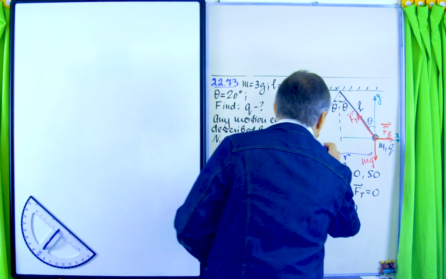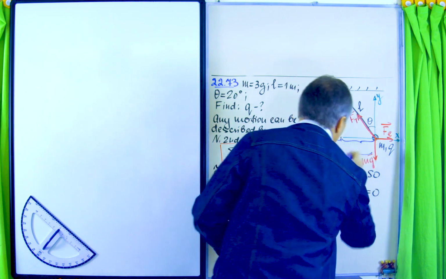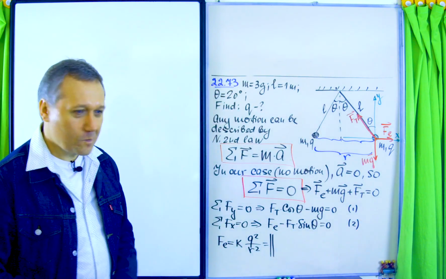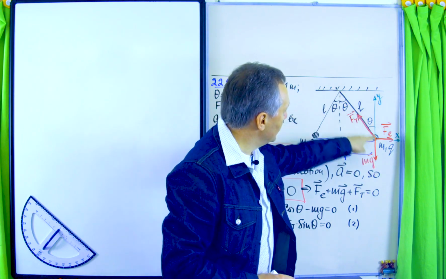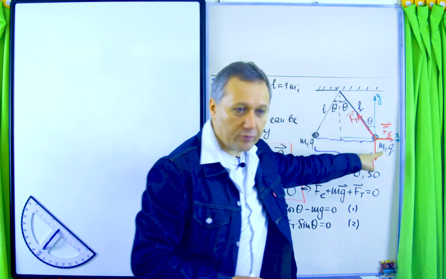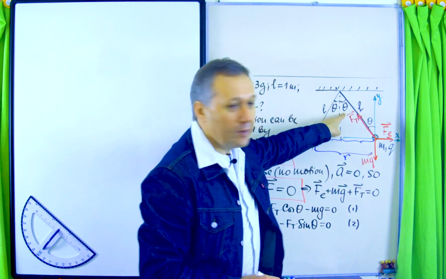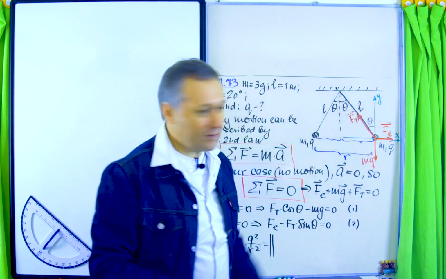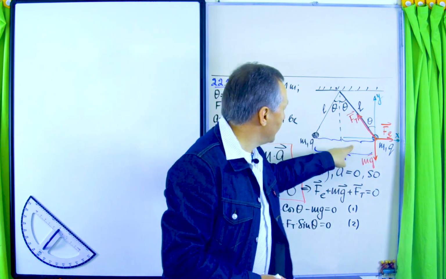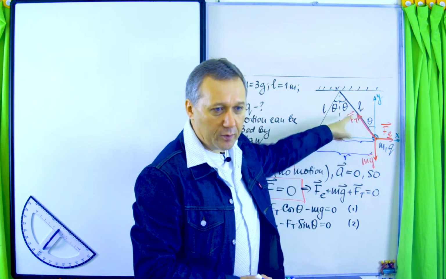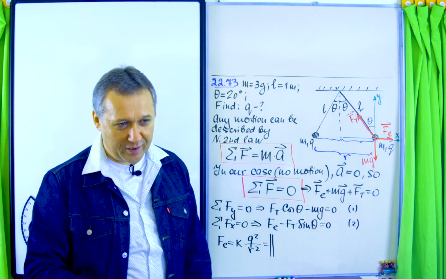So how can we find this and that? This part can be easily found if you look at this triangle, this point, that point. It's a right triangle, and we just need to find the side which is opposite to the measured angle, and the hypotenuse is given, L. So this side will be L times sine of the angle. You remember, in order to find the side opposite to a given angle, you need to use the sine function.